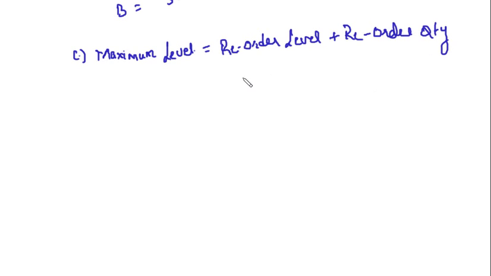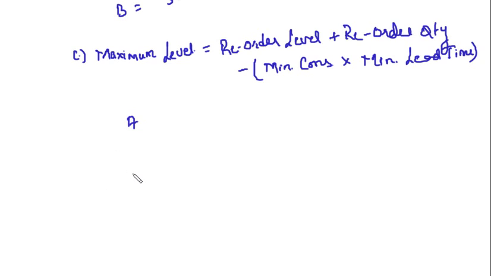What is reordered minus the minimum consumption multiplied by minimum lead time. Clear?